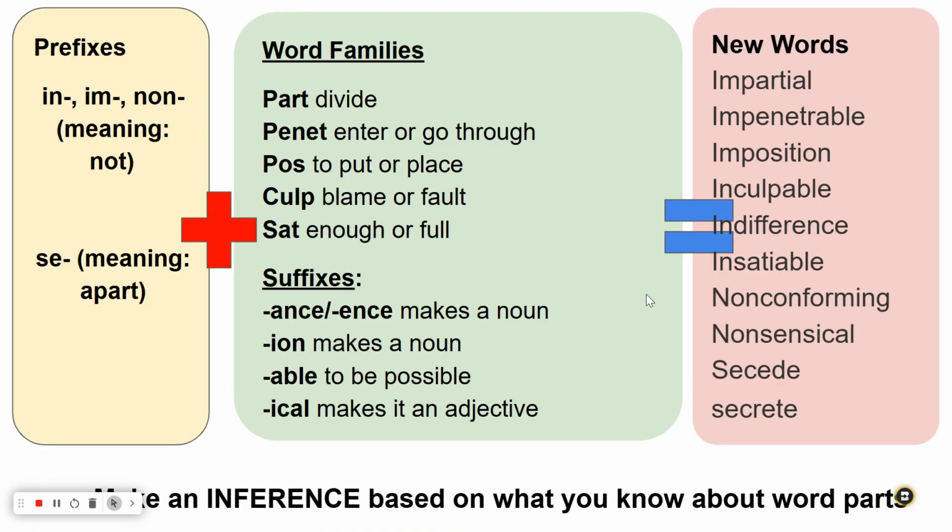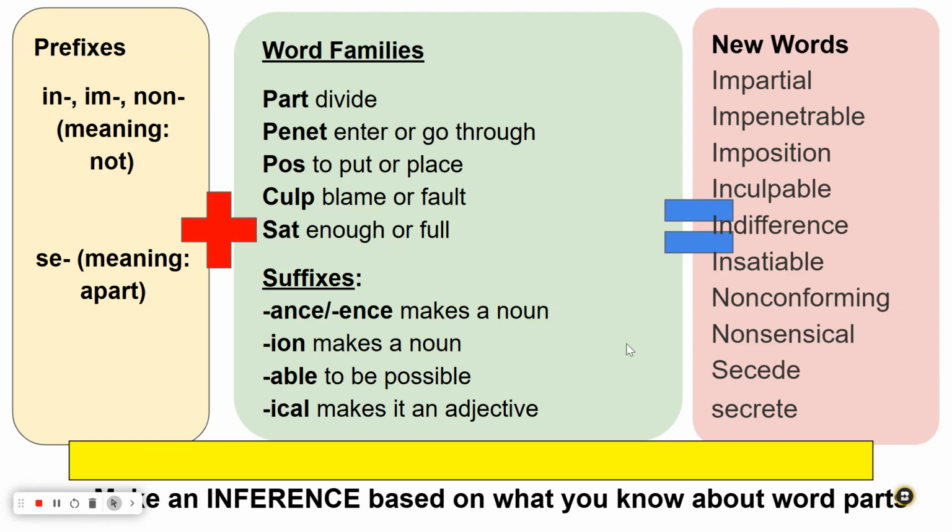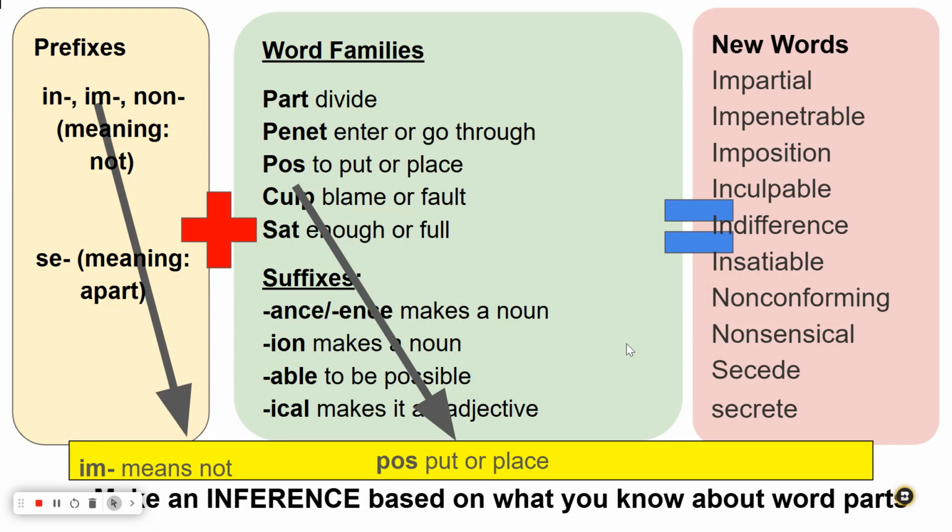So let's practice figuring out what one of these words means. If I take the im, which means not, and the post, which means to put or place, think of the word post. You're posting something, you're putting something, or you're placing something.